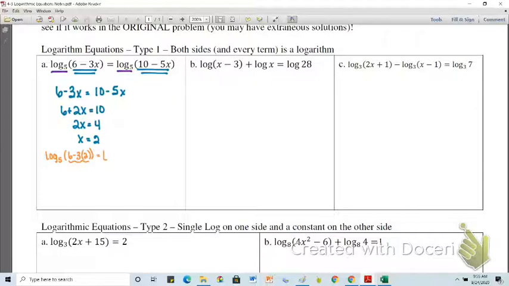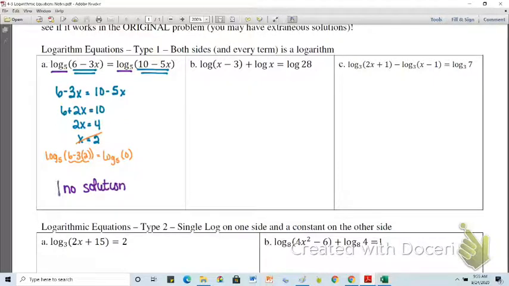So when I do that, I get log base 5 of 0. You cannot take the log of 0 or the log of a negative number. So this does not work. So this is an extraneous solution. So my answer is no solution.